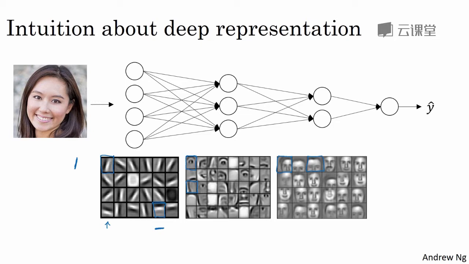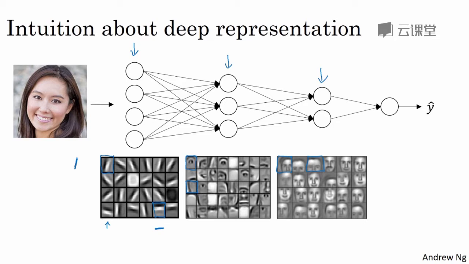So intuitively, you can think of the earlier layers of a neural network as detecting simpler functions like edges, and then composing them together in the later layers of a neural network so that it can learn more and more complex functions. These visualizations will make more sense when we talk about convolutional nets.